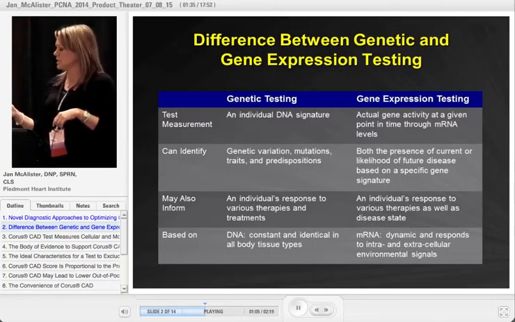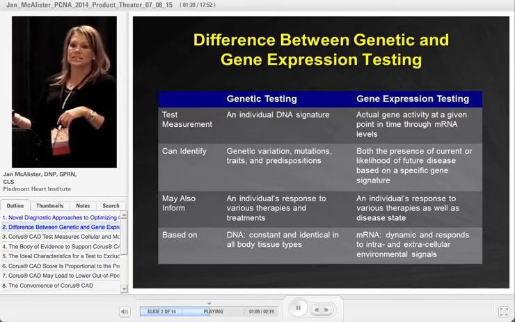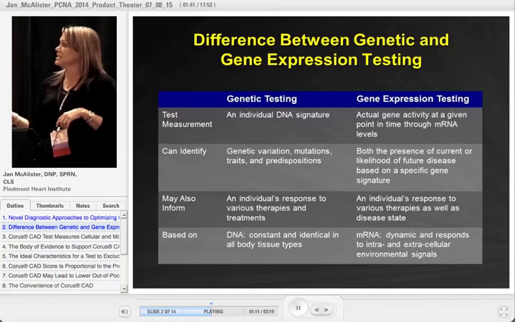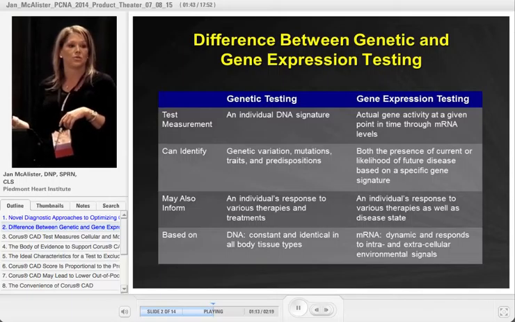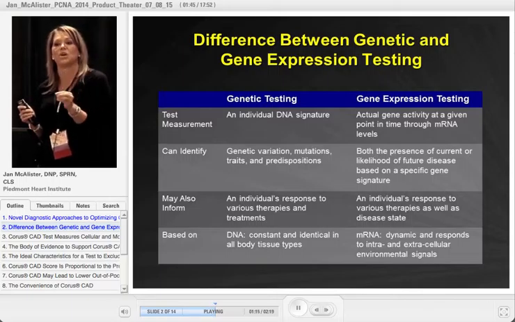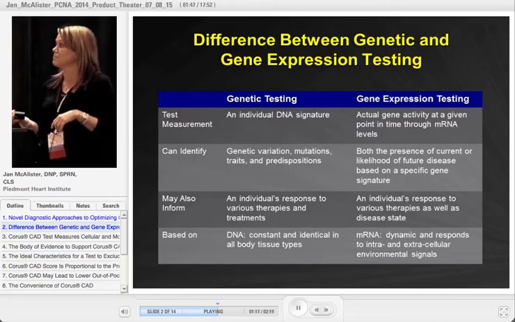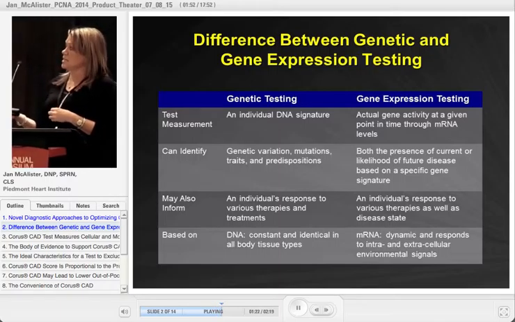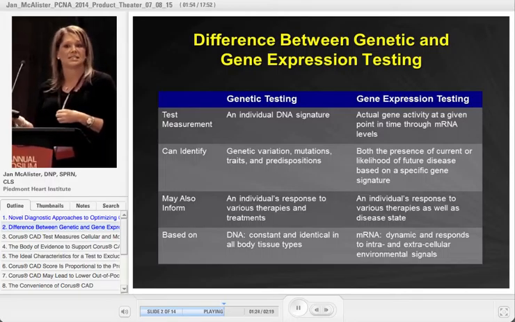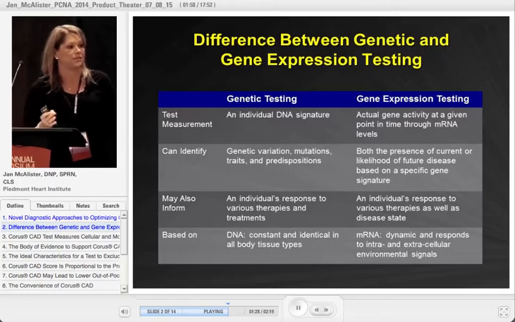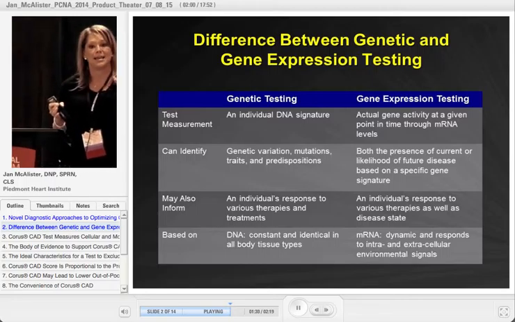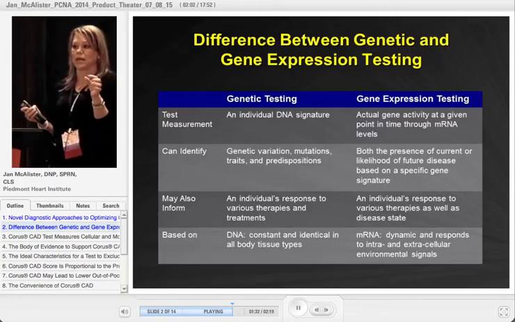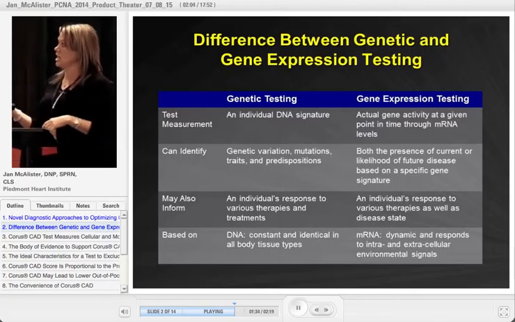If you take a look at the difference, this tells you what genetic testing is, and this tells you how gene expression testing is different. Gene testing tells you what genetic traits an individual has. That is a DNA chromosomal trait, and that's not really going to change.